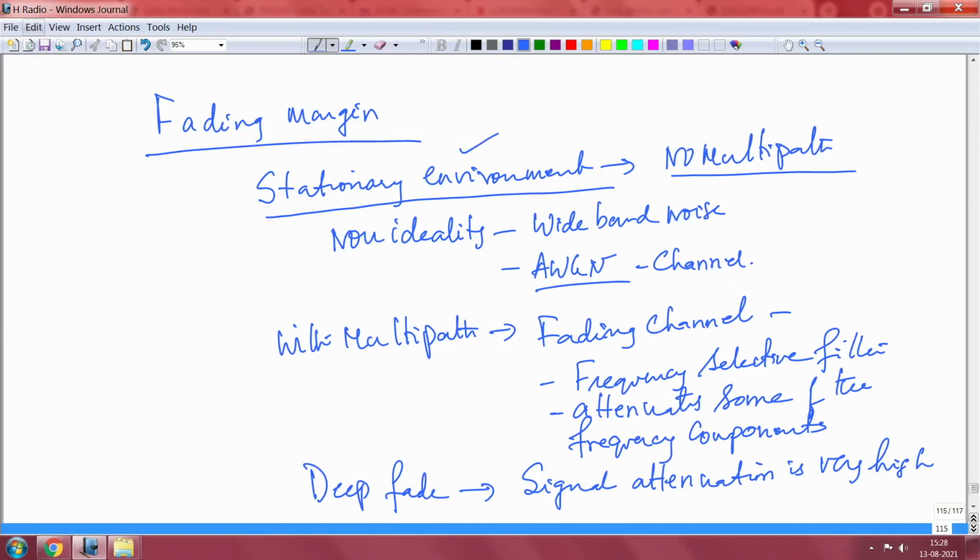The only non-ideality that you can think of in such a stationary environment will be just the additive white Gaussian noise channel, okay, and that is why several books on communications look at AWGN channels. That is the only non-ideality, which is basically a wideband noise channel, but as I said, it is impossible, right. This is really what you find in books and nothing more.